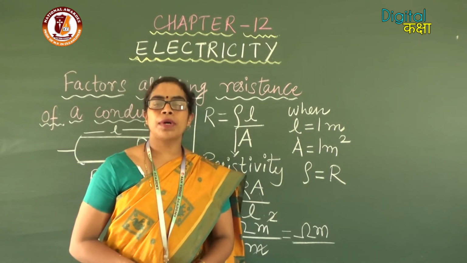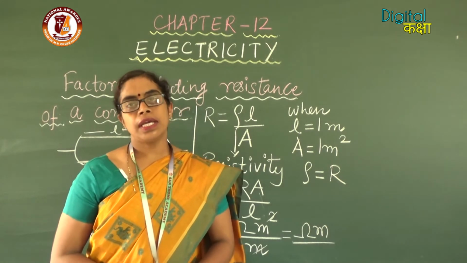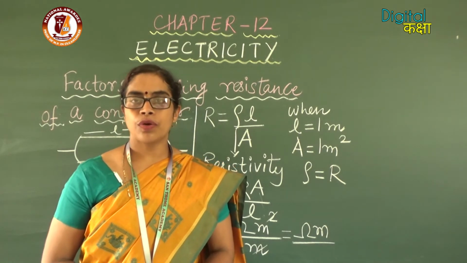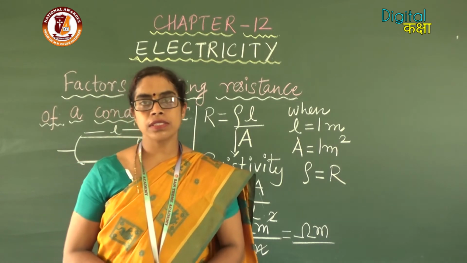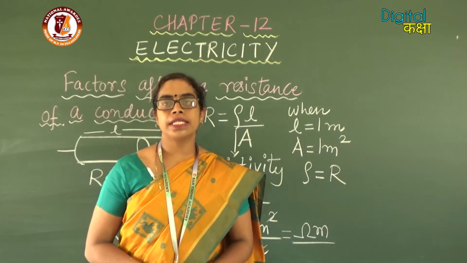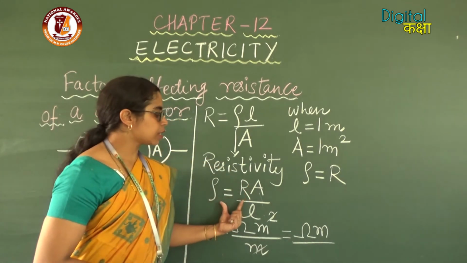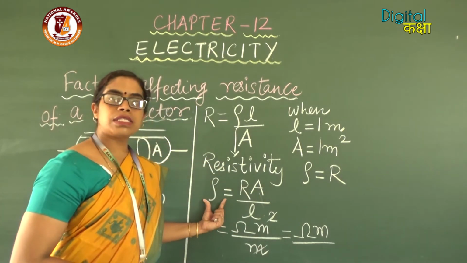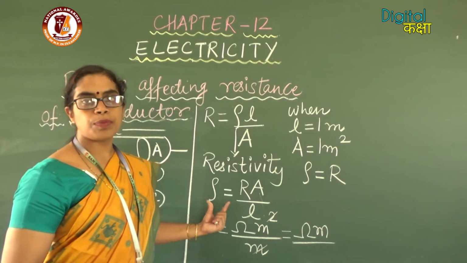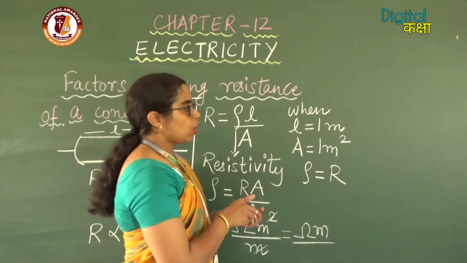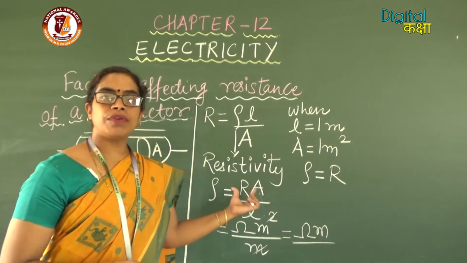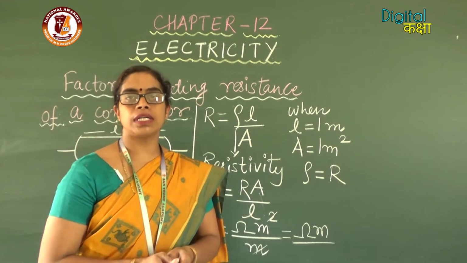When we are talking about conductors, there are two categories: one is alloys, and the other is metals. Since we have discussed just now that resistivity is a material property, there are different values of resistivity for different conductors.